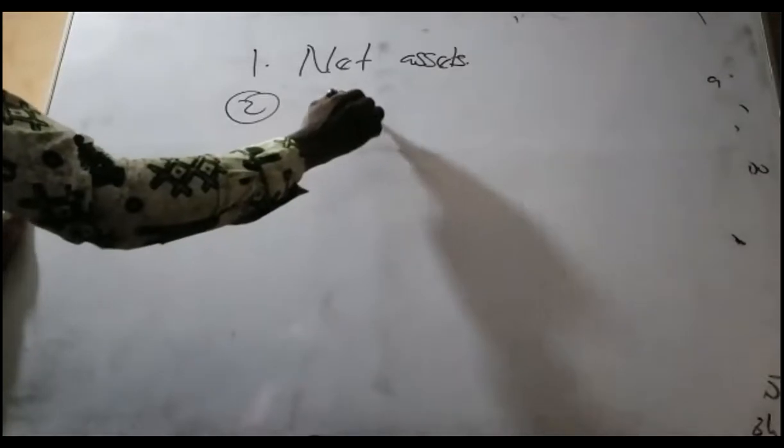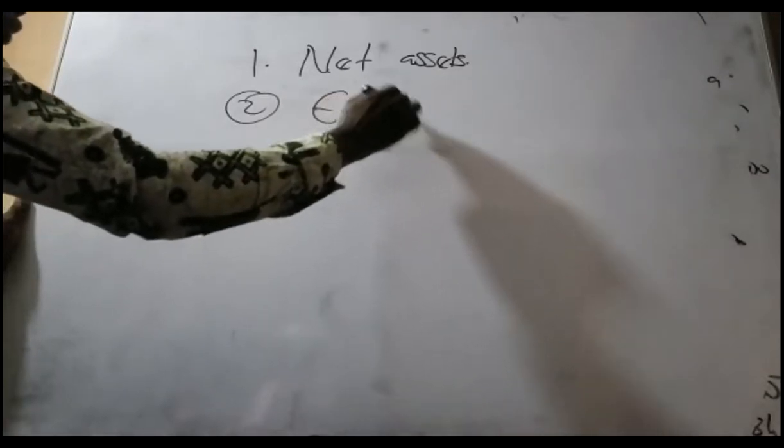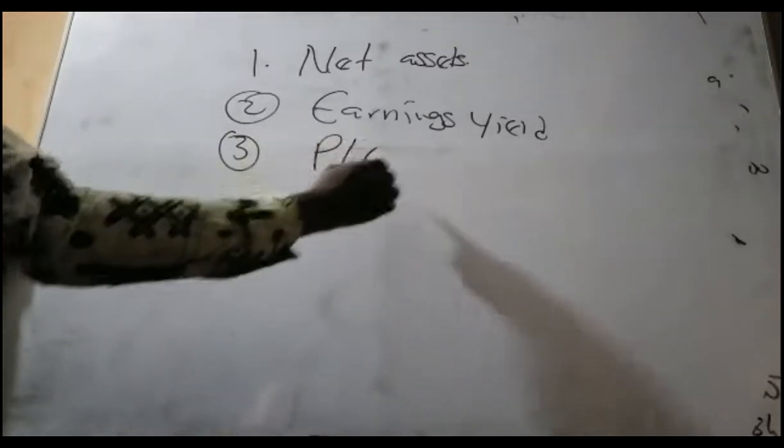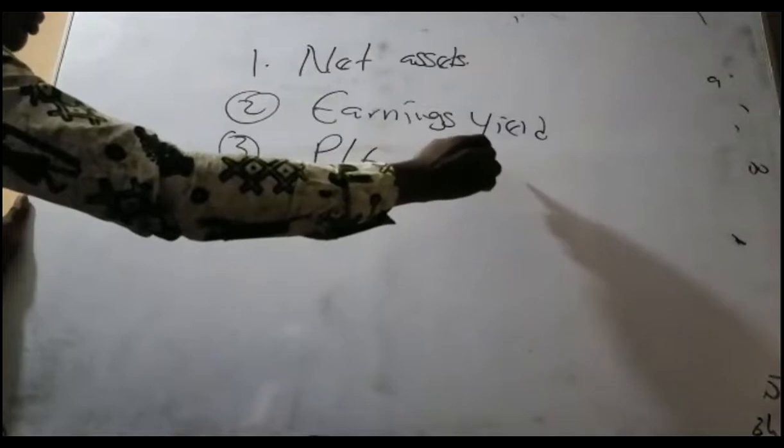So the first method on the list is net assets. Number two, earnings yield. Then the third one is PE ratio.